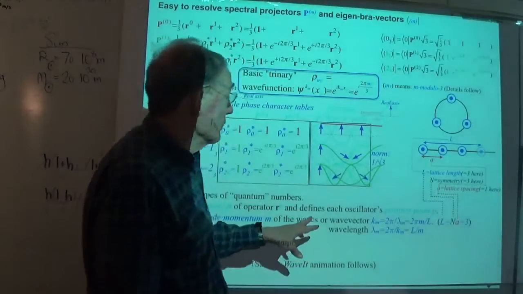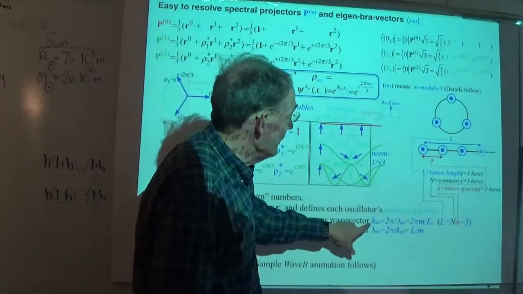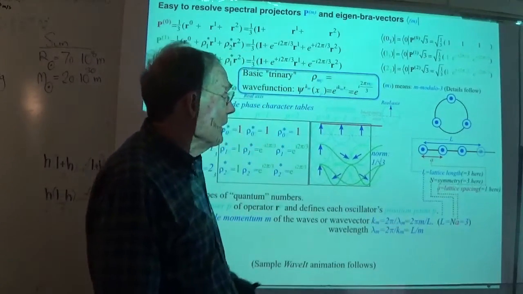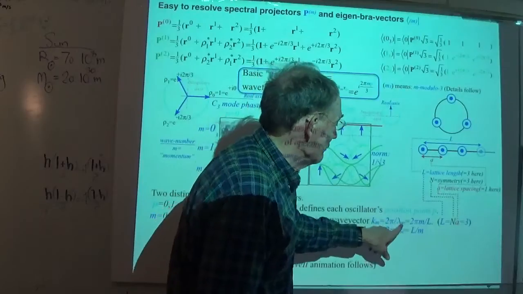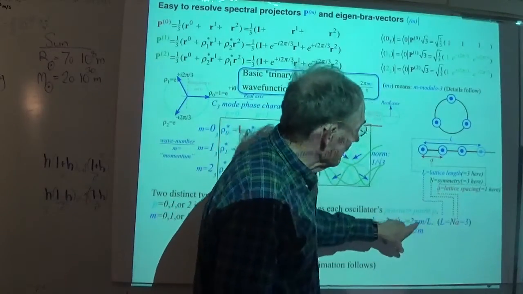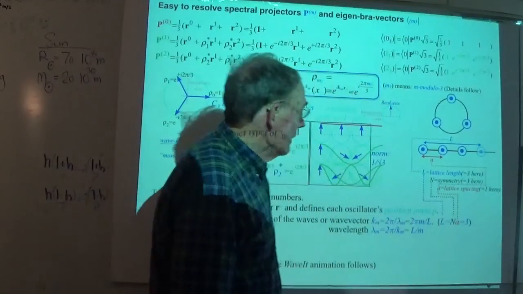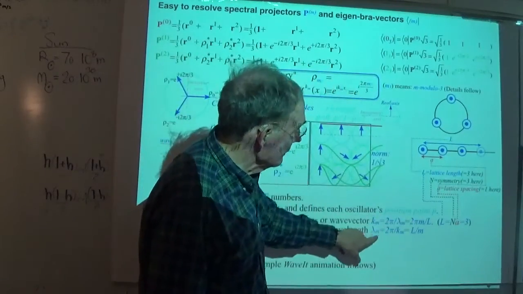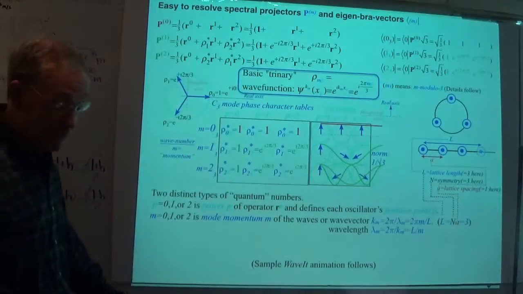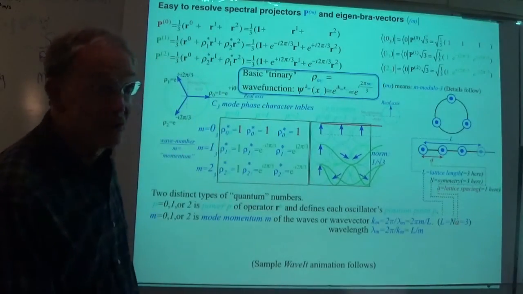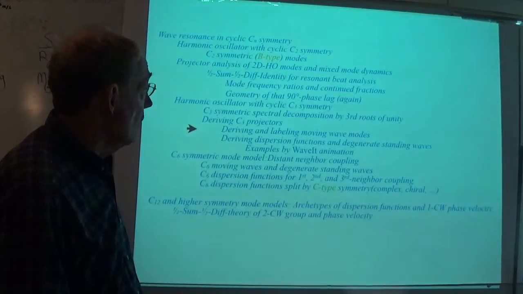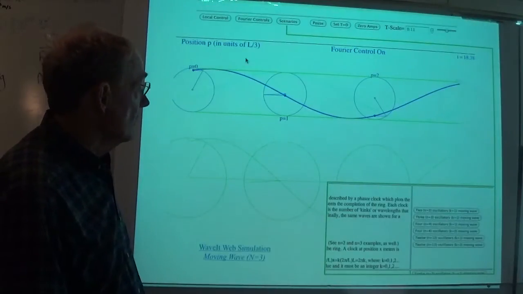And so you're going to have a k sub m that's 2 pi over lambda sub m, and lambda sub m will be the wavelength L divided by m, but it's in a denominator, so I get m over L right there. That's the actual wavelength that you would be using if you just go the normal way through some book in solid state or whatever that uses this stuff. So let's take a look at what they actually look like.